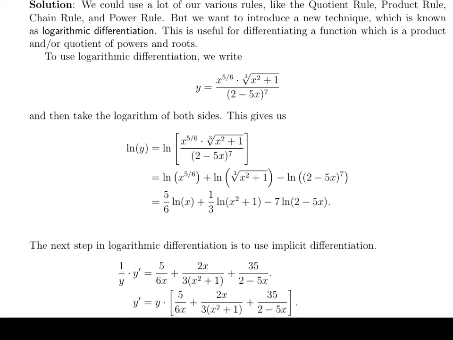Now, ordinarily in implicit differentiation, we quit here. But there is one thing that we can do to finish this derivative, and that is we can replace the y with the original value of y that we had at the beginning of the problem. So let's see what happens when we do that.